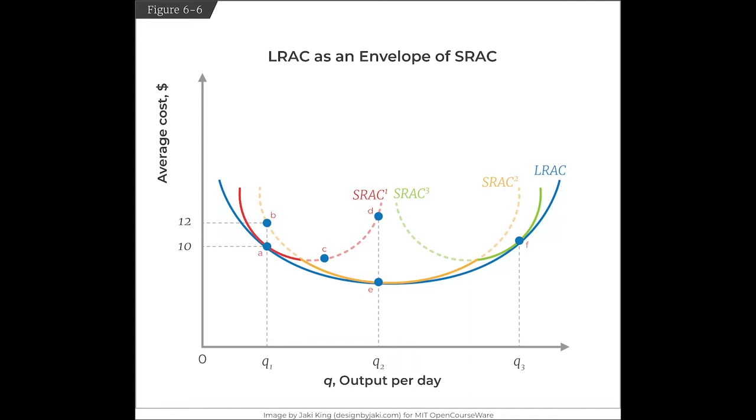When you go to a level of production like Q3, SRAC1, if you extend that dashed line out, is going to be much, much higher than SRAC3. And SRAC2 is in between. So essentially, for different levels of production, these give the different optimal short-run cost curves.